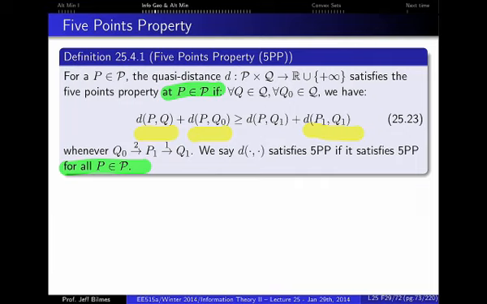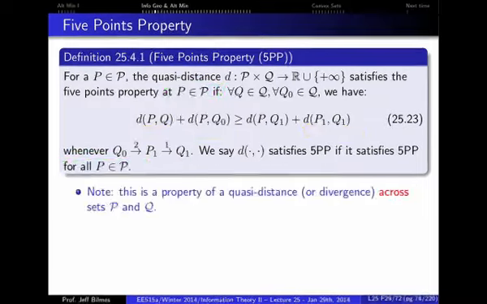So we need a little bit more than that. You might think there's a stronger condition that requires Q naught to come from some previous optimization, but this is saying it has to be any Q naught.